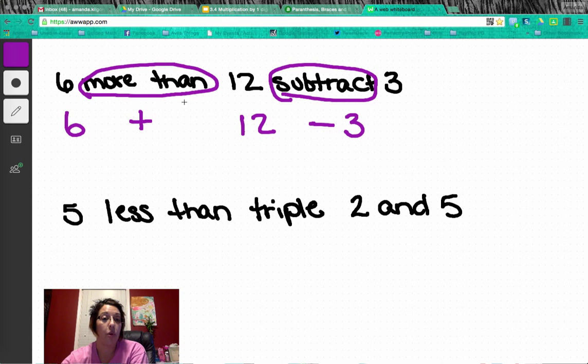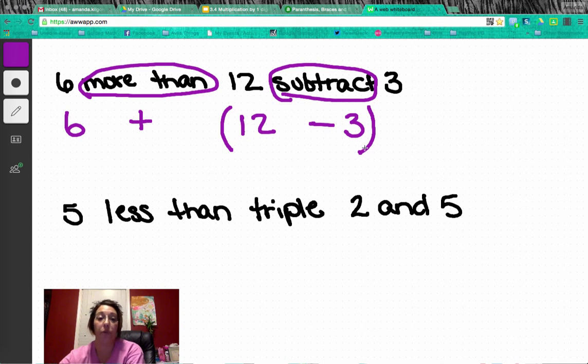6 more than 6 plus 12 subtract 3. To me, that says you need to do 12 subtract 3 before you add 6 more. So 6 plus 12 subtract 3.